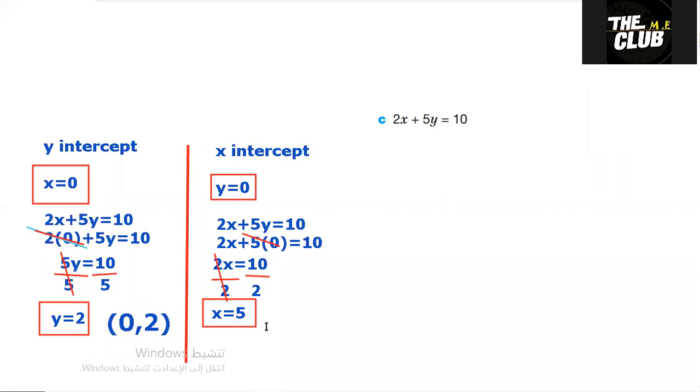So the x-intercept's coordinates, let's make it bigger. So we have 5 and 0. Good. Close brackets. Now I have the y-intercept and the x-intercept. I can move on and draw the graph.